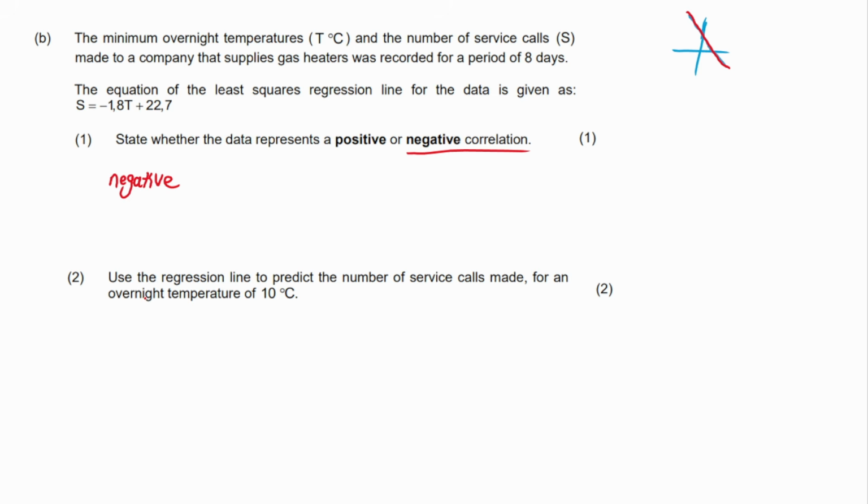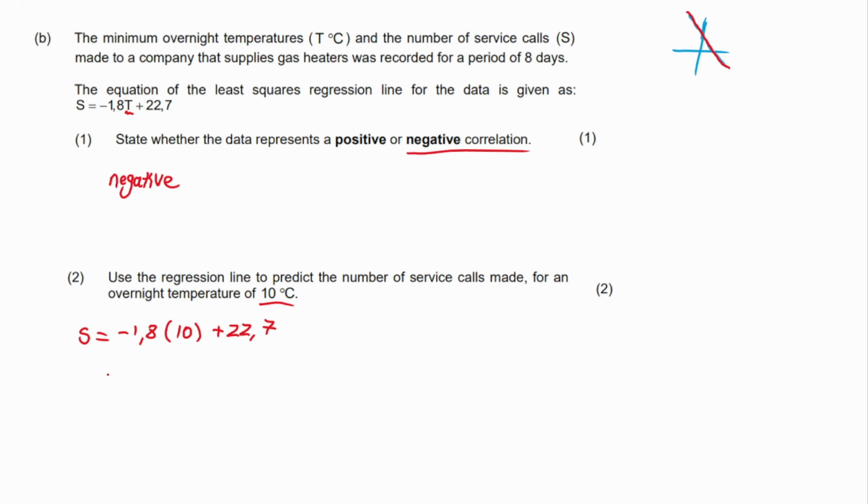Now we need to use the regression line to predict the number of service calls made for an overnight temperature of 10 degrees. We know what the temperature is, the T, so we can just plug that in. The number of service calls is equal to negative 1,8 times T, which is now 10, plus 22,7.